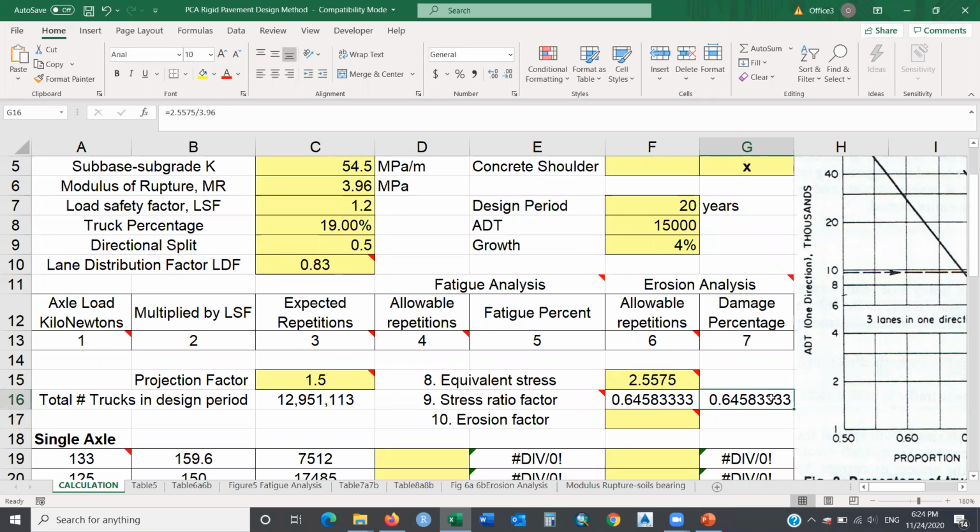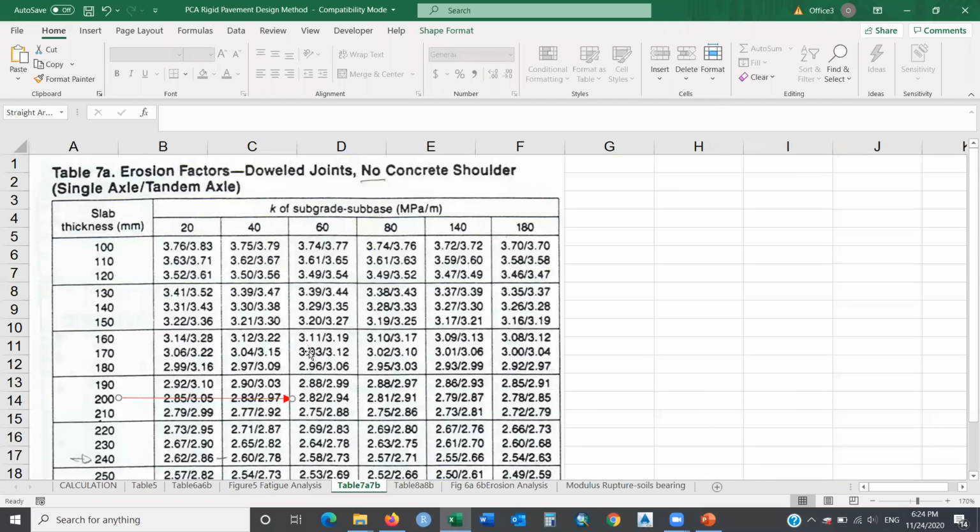It's just automated. The erosion factor, we have to go and read it. So dowel joints, yes. Concrete shoulder, no. And it was suggested we go with 150. The bearing capacity is 55. So for the single axle is somewhere between 3.2 and 3.21. It's closer to 3.2.